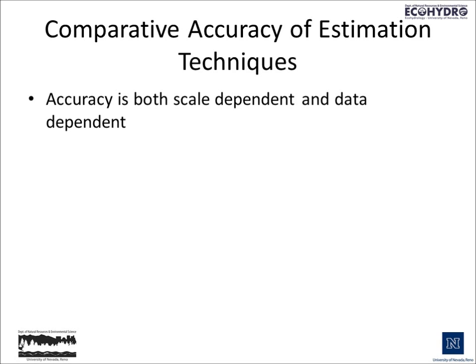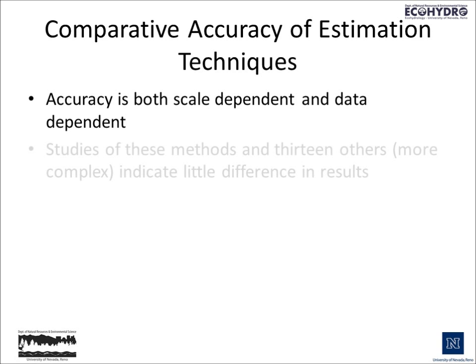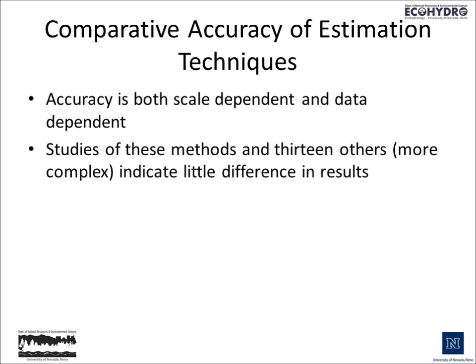If we have an intensive data set, many points of observation, and we have very little variation in topography and other factors that actually influence the amount of precipitation that we receive, then accuracy may be much higher. When people have looked at these methods and 13 others that are much more complex, one of the things that they see is there's little difference in the results.